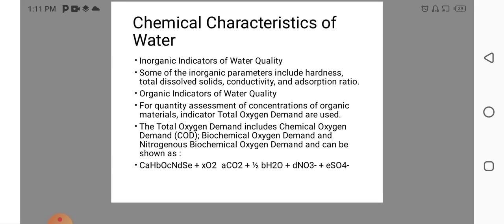Inorganic indicators of water quality. Some of the inorganic parameters include hardness, total dissolved solids, conductivity, and sodium absorption ratio.